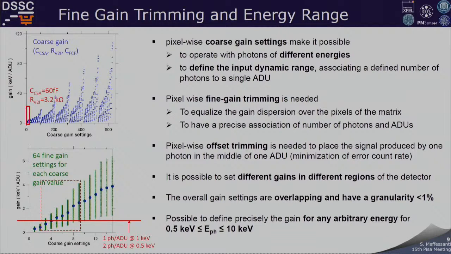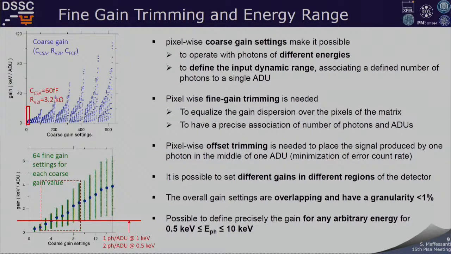With the fine gain trimming, we can equalize the gain dispersion over the matrix, and we can then assign a precise number of photons per ADU. And in this sense, we also need to make an offset trimming in order to place the first photon in the middle of one ADU so that we can minimize the error count rate.